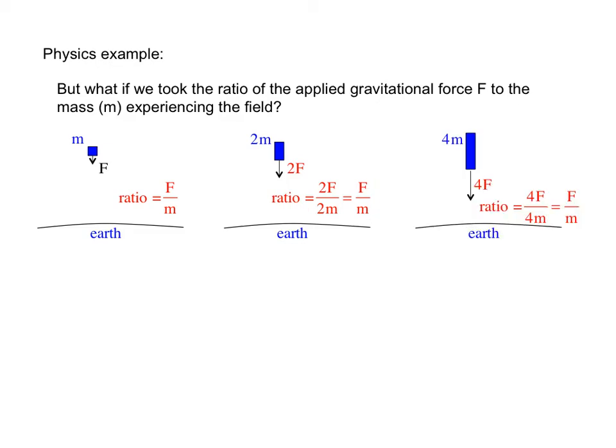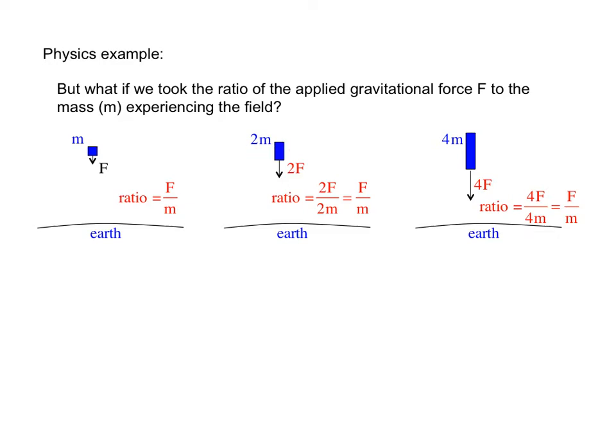If we do it for the mass that's 4 times as large, again, we get the same ratio. In each case, the amount of force per unit mass that's associated with this point in space right here, it's the same quantity in each case. That quantity, that ratio, is not dependent on the size of the mass that we're using to test that point.